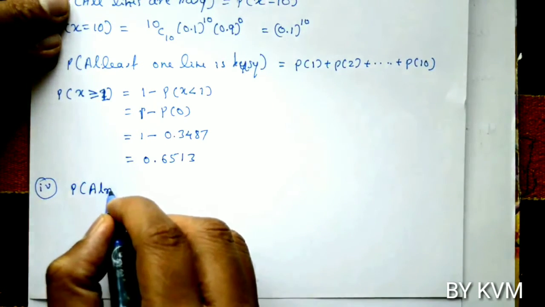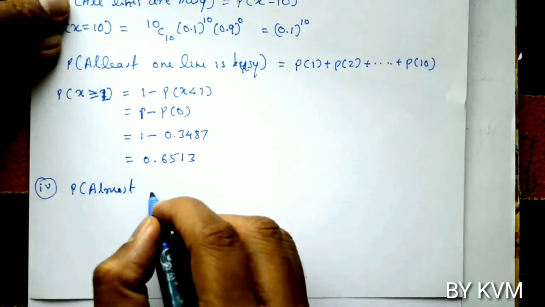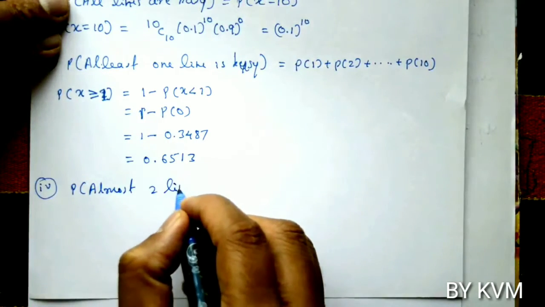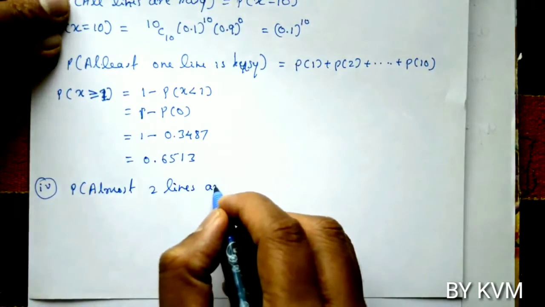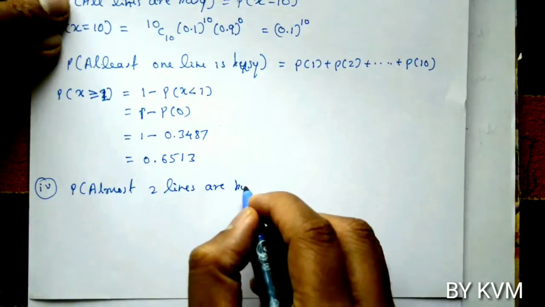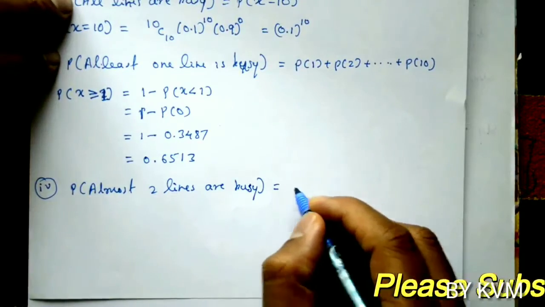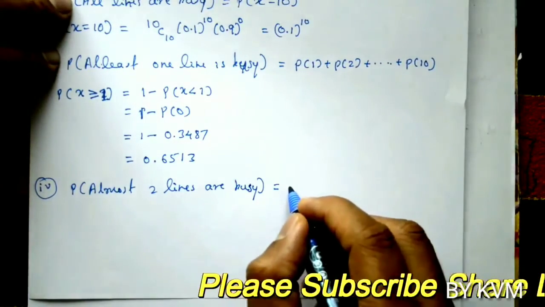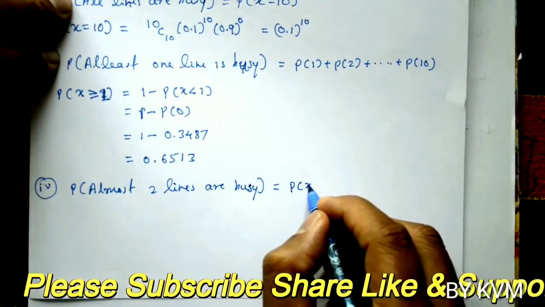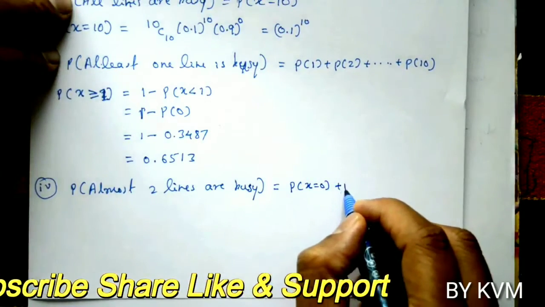Now, fourth case, probability of at most 2 lines busy. At most 2 lines busy means a maximum of 2 lines should be busy, that is 2 lines or fewer.